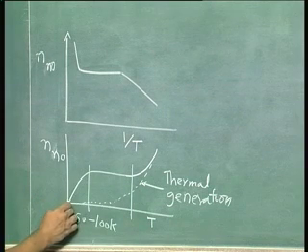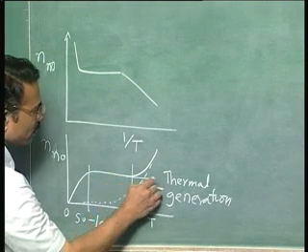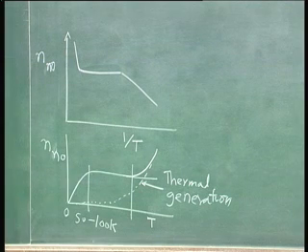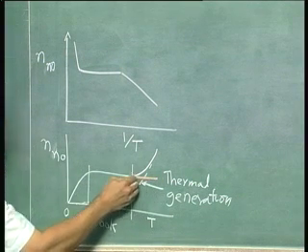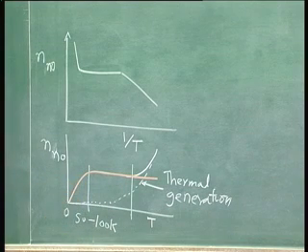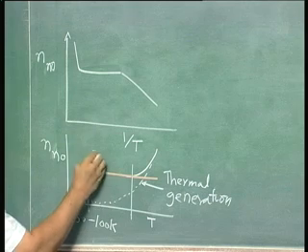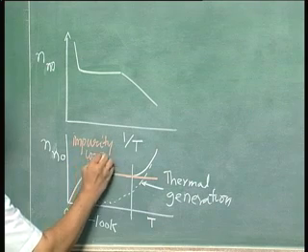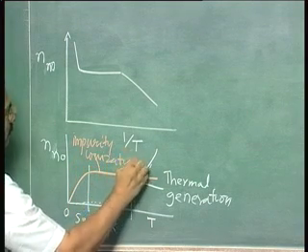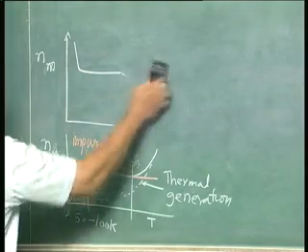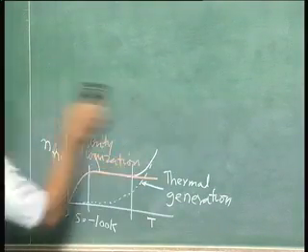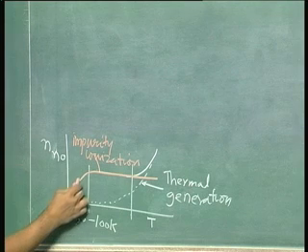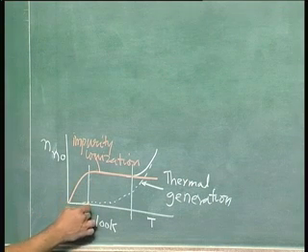Now this shows the contribution because of impurity ionization. So I will show it with a different color. So this is impurity ionization. I will remove this curve to avoid any confusion.